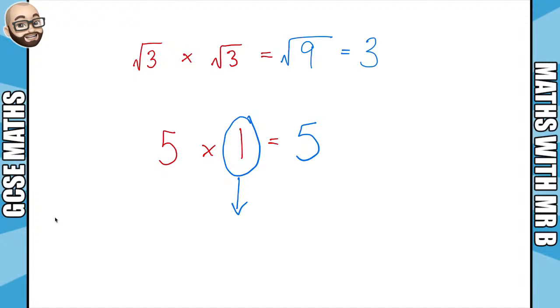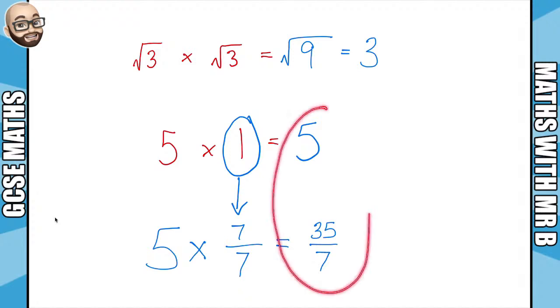So if I changed that 1 to 7/7 and wrote 5 times by 7/7, well, that would be 5 times 7, which is 35, over 7. It's still equal to 5. We've just written it in a different way.